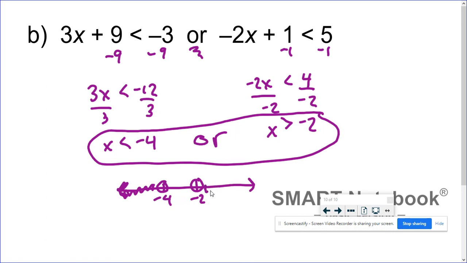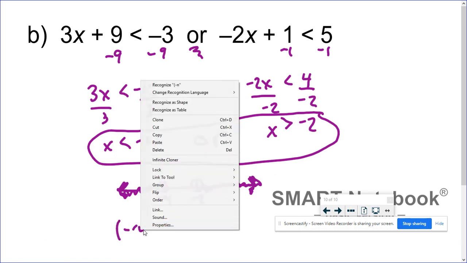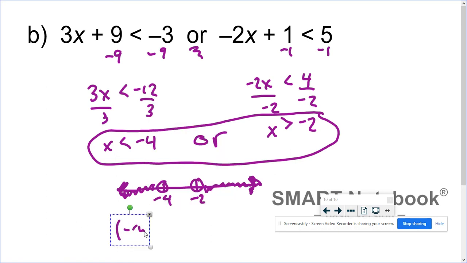By the way, you can absolutely have greater than or equal to, less than or equal to, which would be closed circles on the graphs of the number line for these compound inequalities. The interval would be (-infinity, -4), union, (-2, infinity).